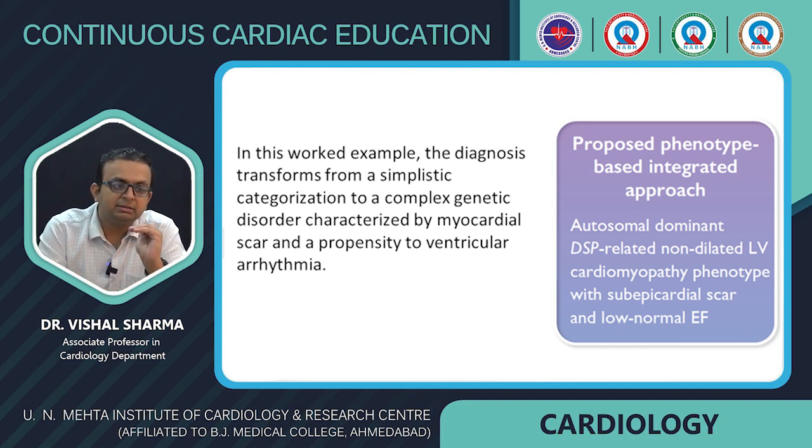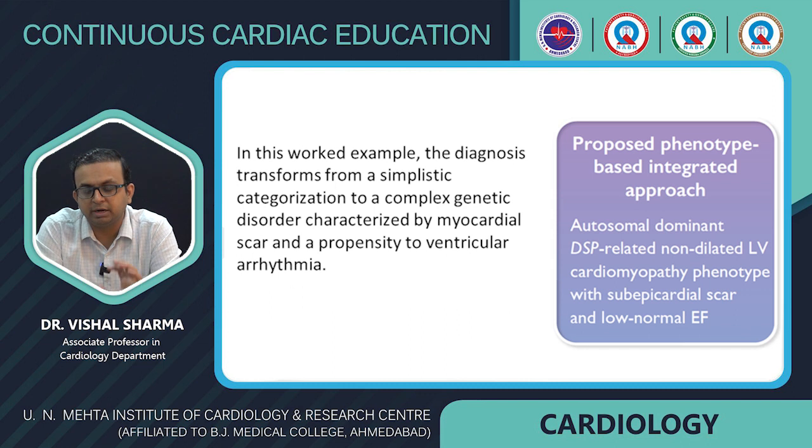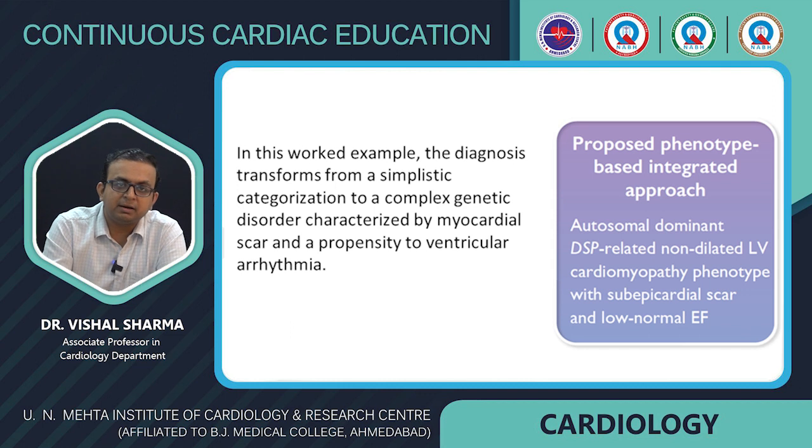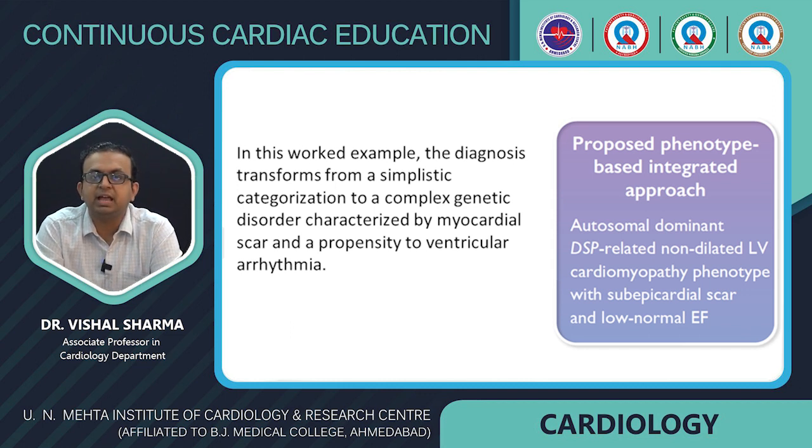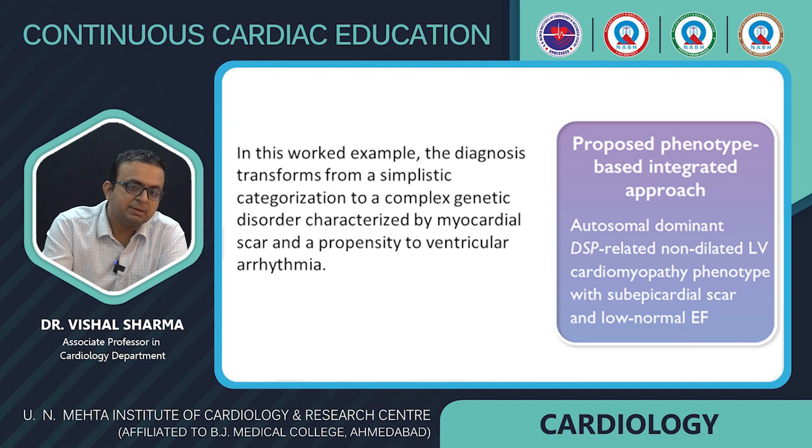We added genetic screening, because MRI showed us a subepicardial scar in the posterolateral wall, and genetic screening showed us that the patient was having a mutation in desmoplakin. So you can see how, just by a step-ladder approach, we reached a specific diagnosis of non-dilated left ventricular cardiomyopathy, autosomal dominant, related to desmoplakin, with subepicardial scar and a normal ejection fraction.